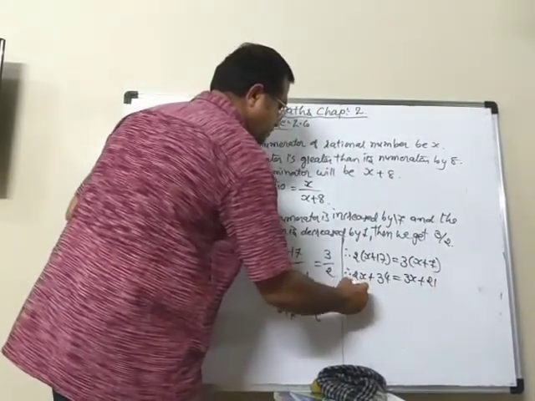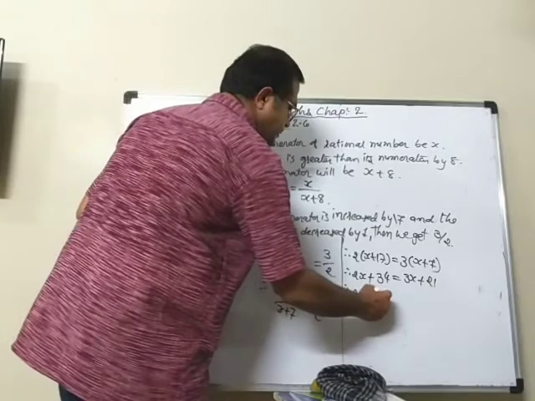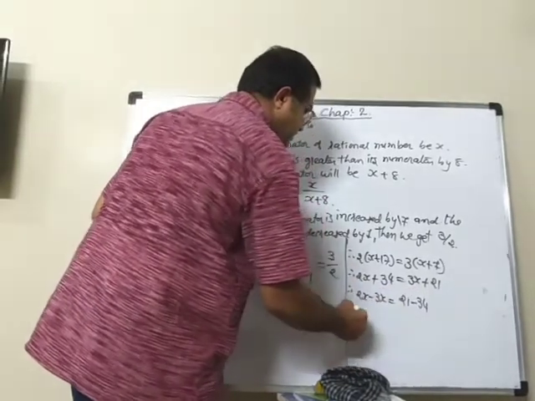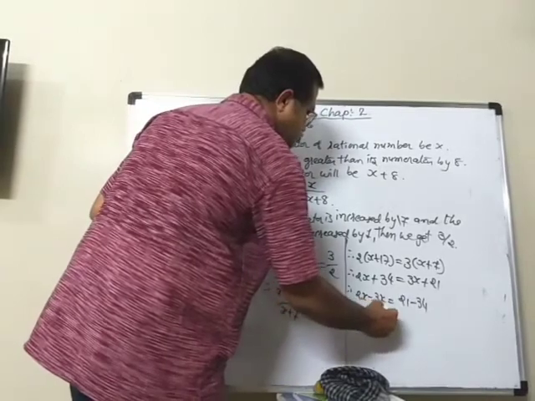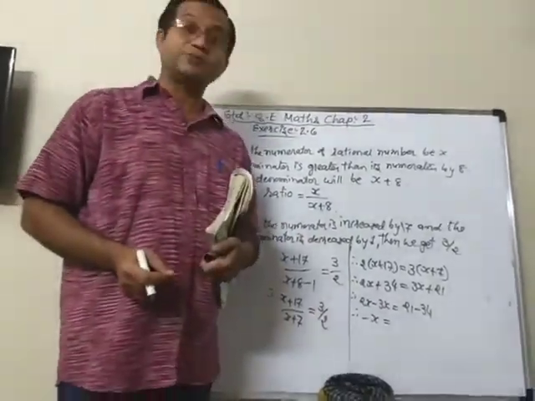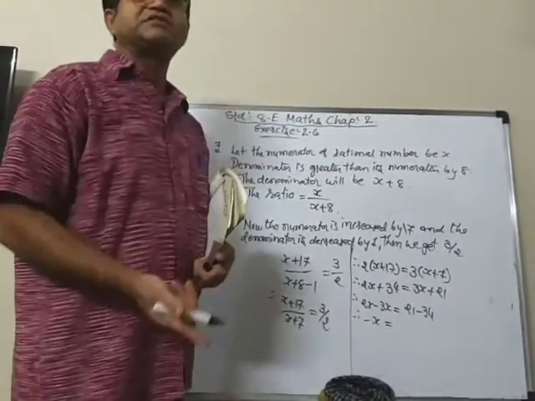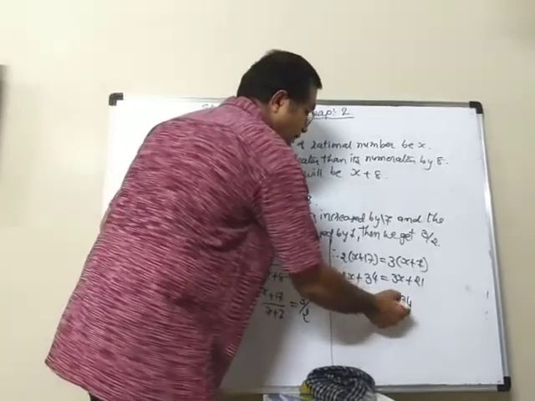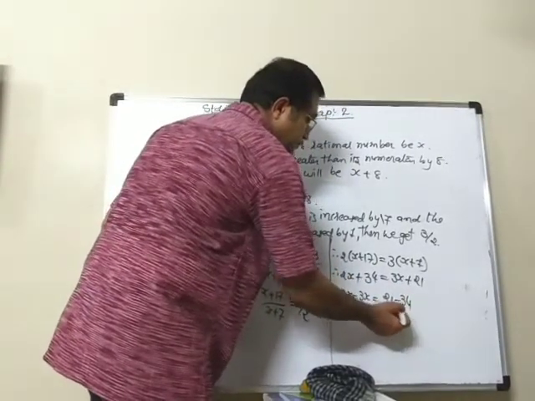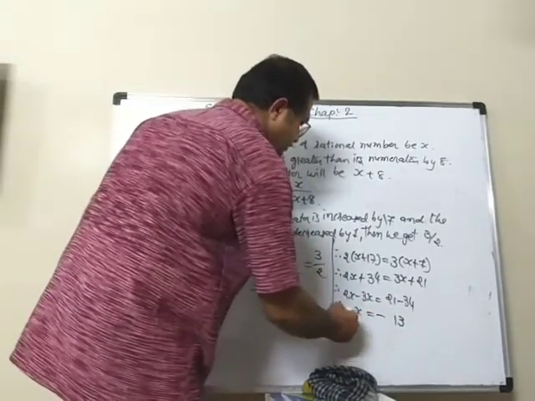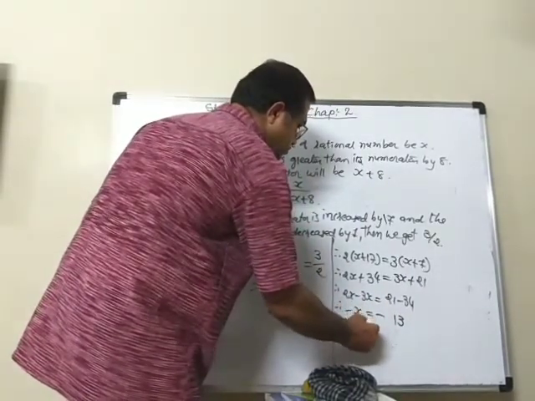X will come this side. So 2x minus 3x, 21 minus 34. So minus x is equal to now 21 minus 34. Means we have to subtract 34 minus 21 and give minus sign. So 4 minus 1 will be 3 and 3 minus 2 will be 1. Therefore we get x is equal to 13.